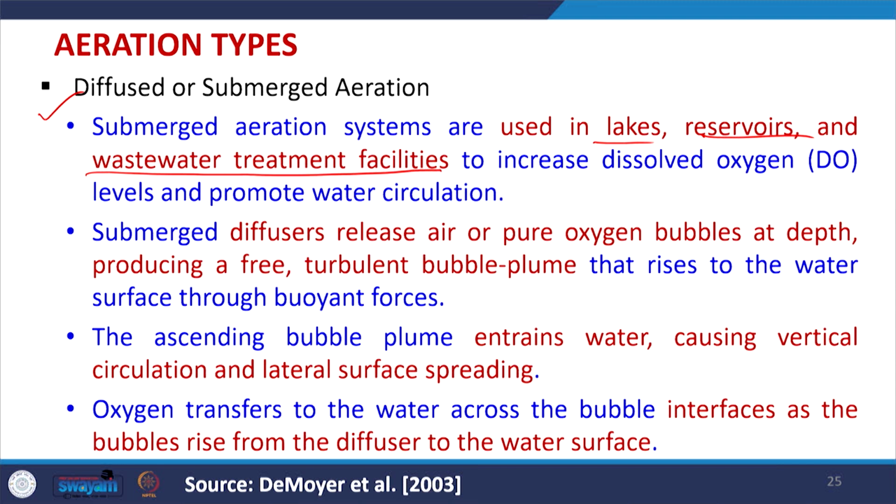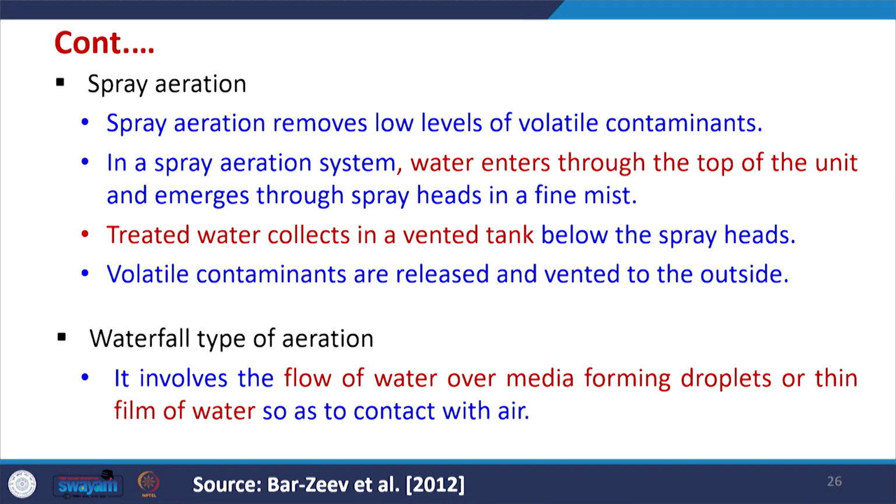Submerged diffusers release air or pure oxygen bubbles at depth, producing a free turbulent bubble plume that rises to the water surface through buoyant forces, and this ascending bubble plume entrains water, causing vertical circulation and lateral surface spreading. Overall, oxygen transfers to the water across the bubble interface as the bubble rises from the diffuser to the water surface. So, this is how it works.